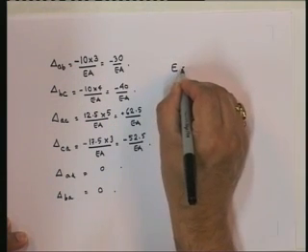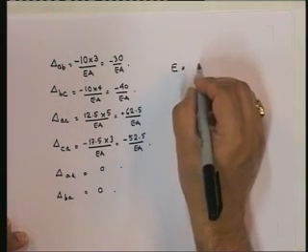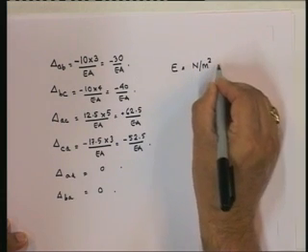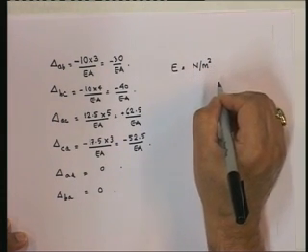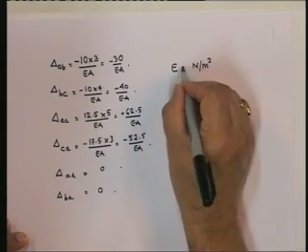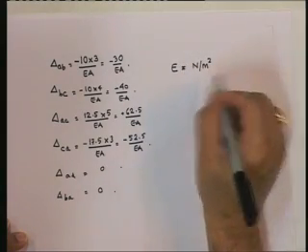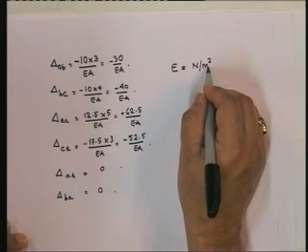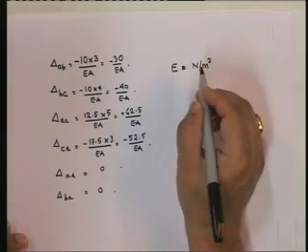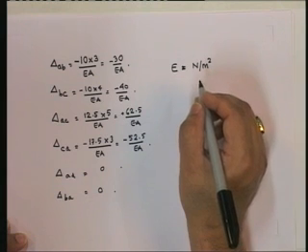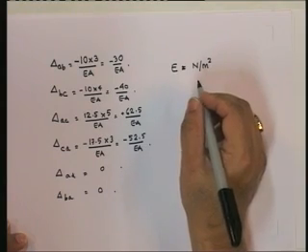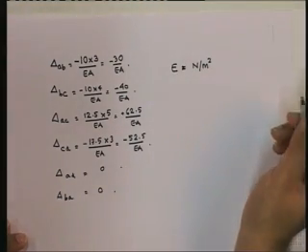Units of E are Newton per meter squared. Force per area. That is the value of E, because that is stress by strain. Stress is Newton per meter squared, strain is meter per meter. No, strain does not have any units.